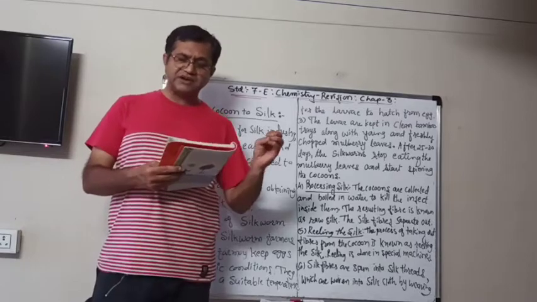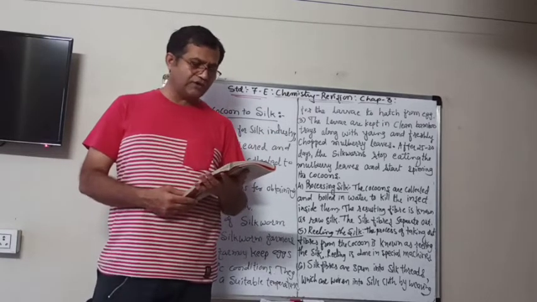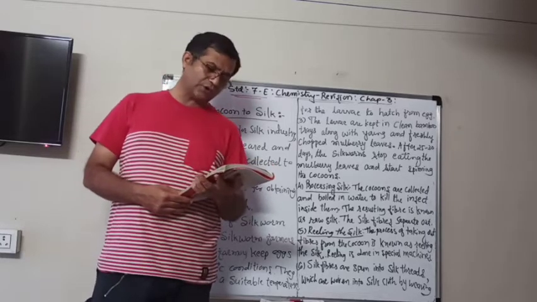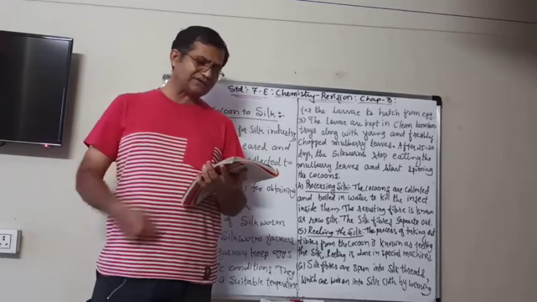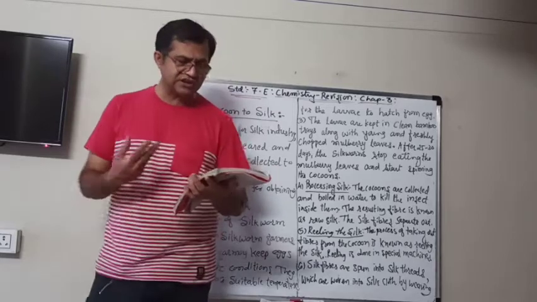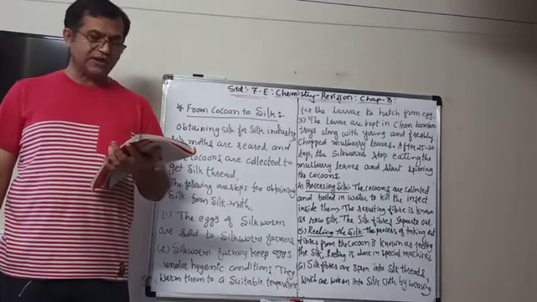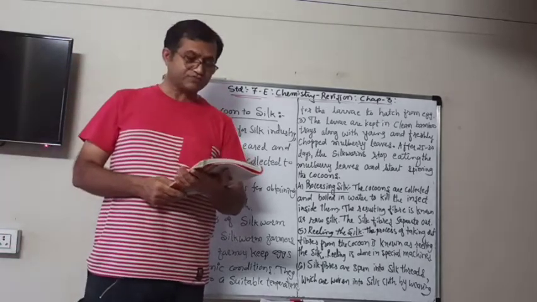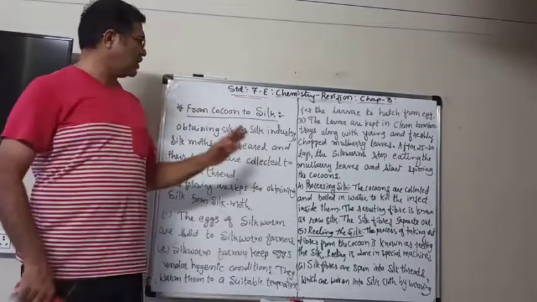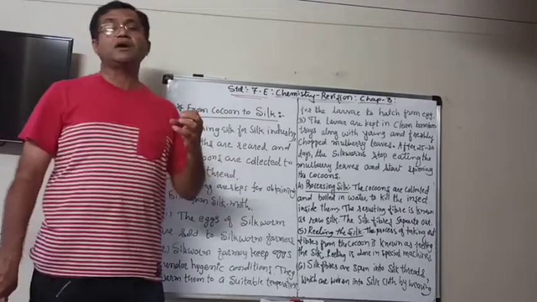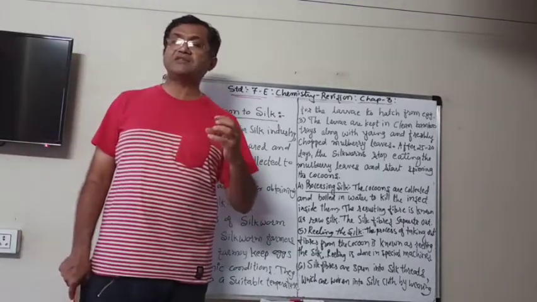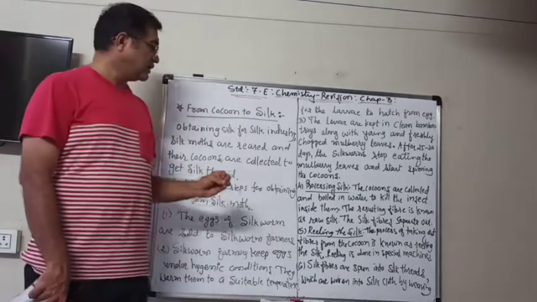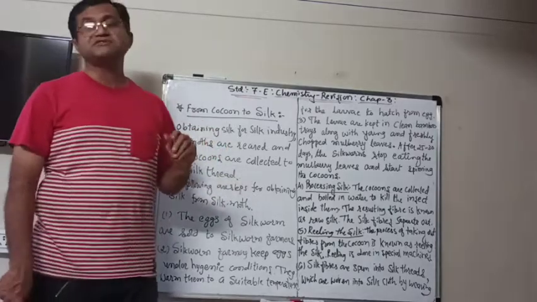Reeling is done in special types of machines which unwind the threads or fibers from the cocoon, and then silk fibers are spun into silk threads which are woven into silk clothes by the weavers. So that is the story of how silk is obtained. Finally the silk cloth is obtained from the cocoons.